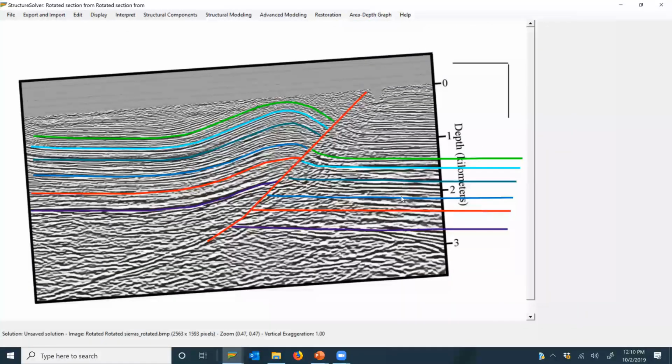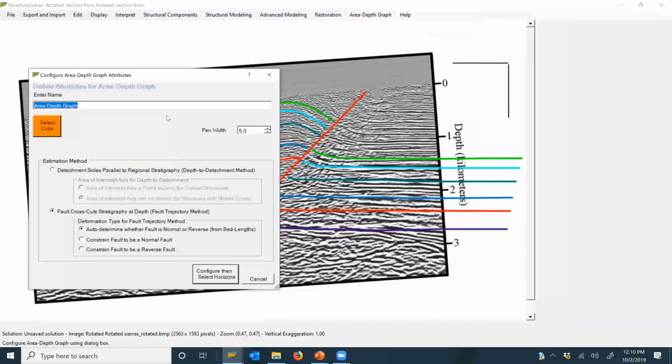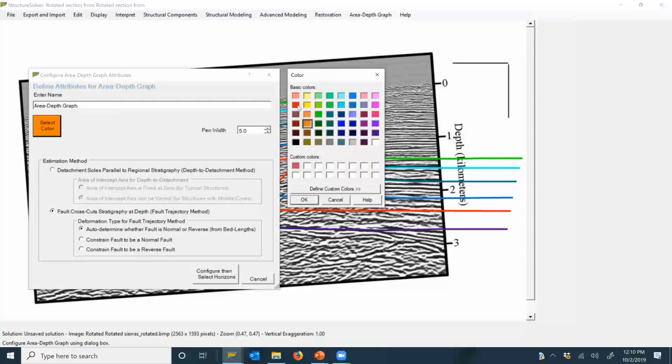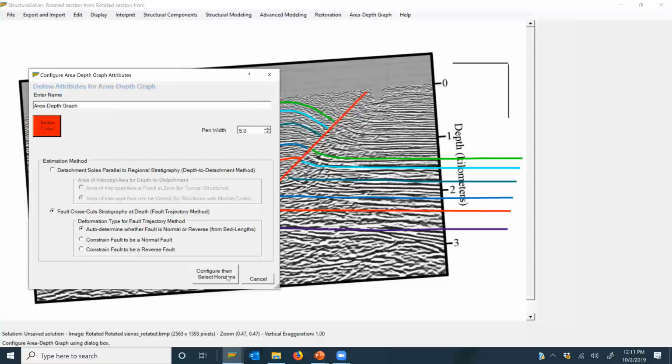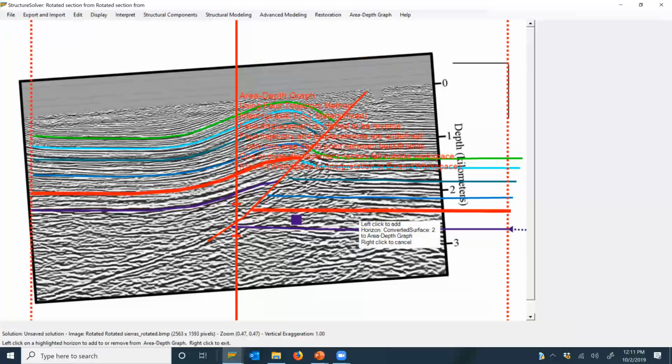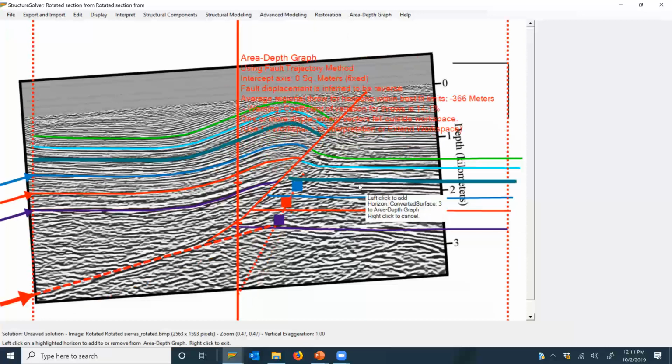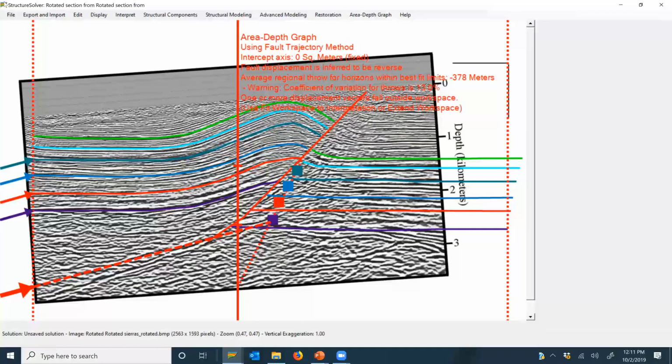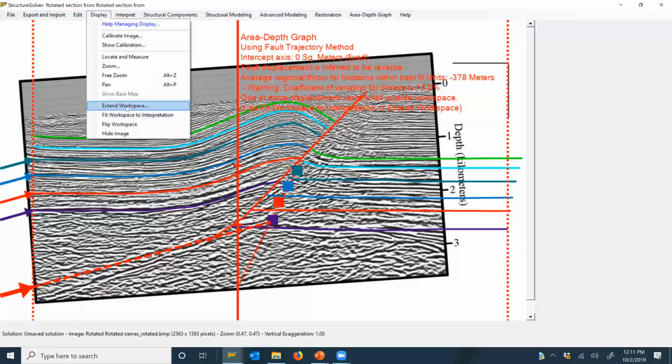Now we've removed the regional dip, and I'll explain why this matters for area depth analysis. We're going to create our area depth graph on the rotated section, and so we can begin to add points to our area depth graph. This is the same display that we were looking at before.